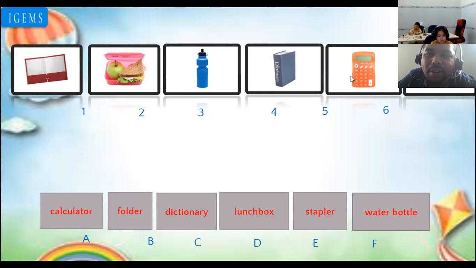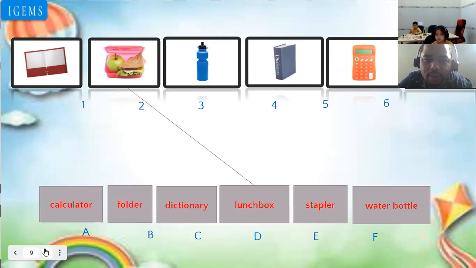Do you remember? Let's see. Number 5 is calculator.